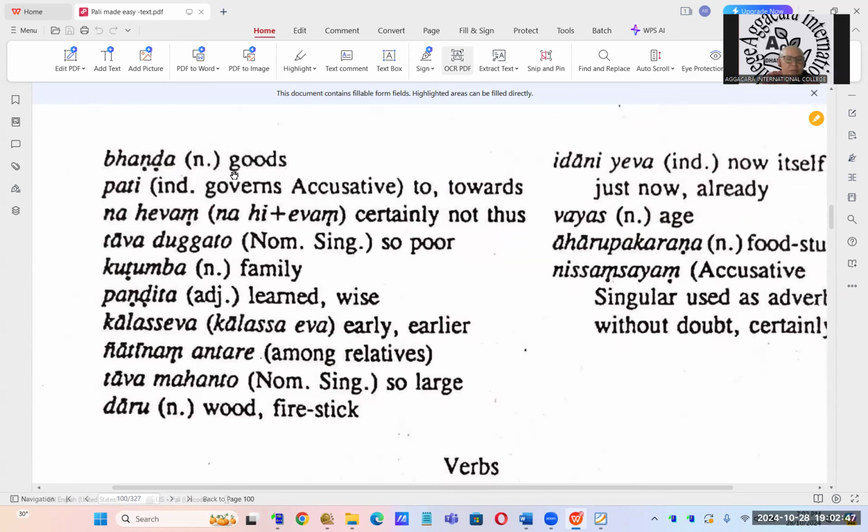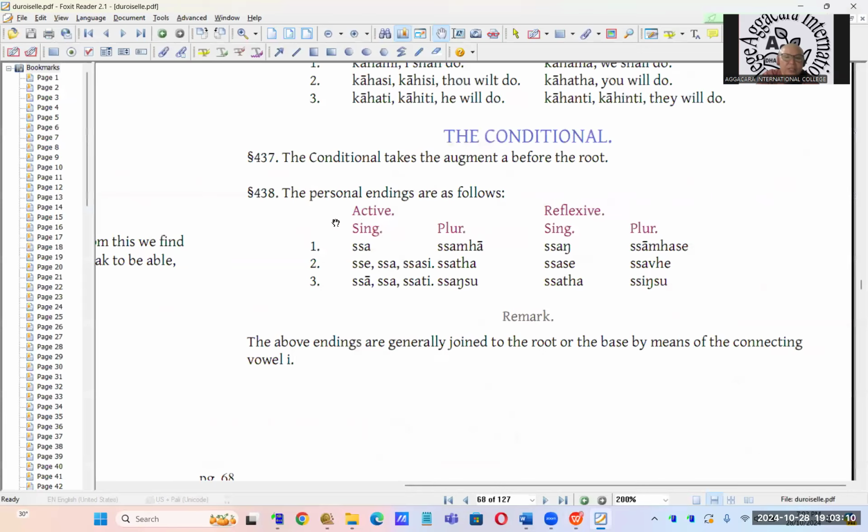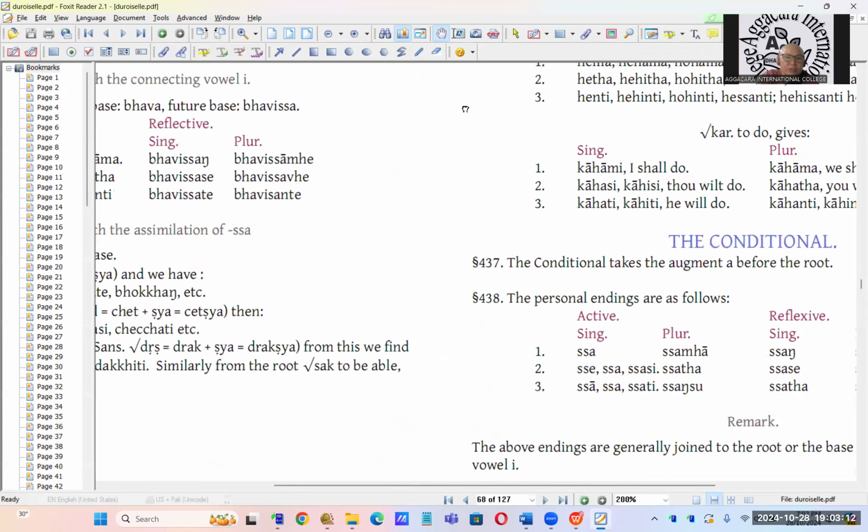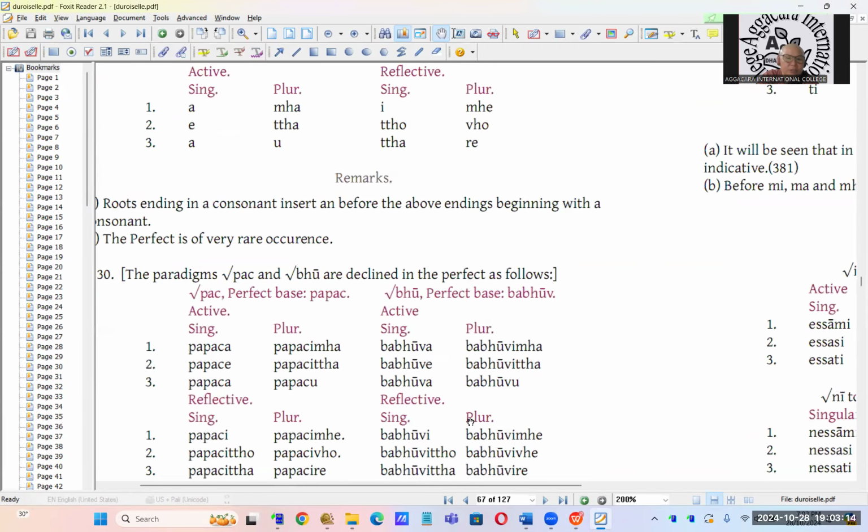Bandhu is good, neuter. Pati means towards. Na hi, certainly not. Tasma hi is certainly; hi is emphasis. Tava, your, so this tava. So we also saw the word just now.